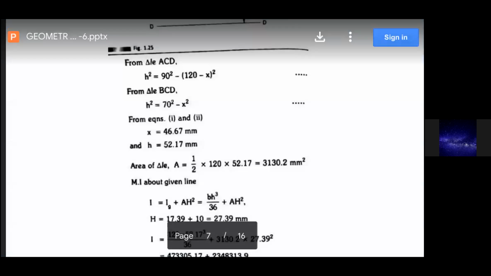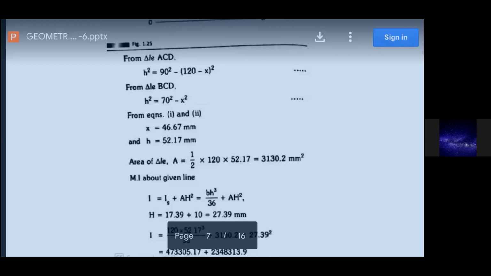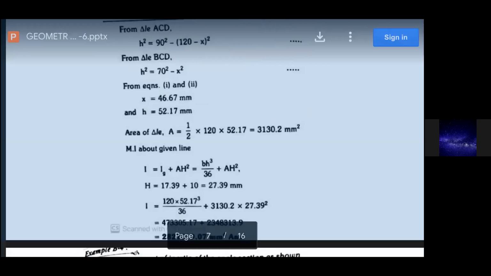So the moment of inertia of the triangle about a line, from the parallel axis theorem, is I equal to the moment of inertia of the triangle about its centroidal axis plus area of the triangle into the distance between the axis and the reference line, H square. So Ig is equal to the moment of inertia of the triangle about its centroidal axis, that is BH cube by 36.